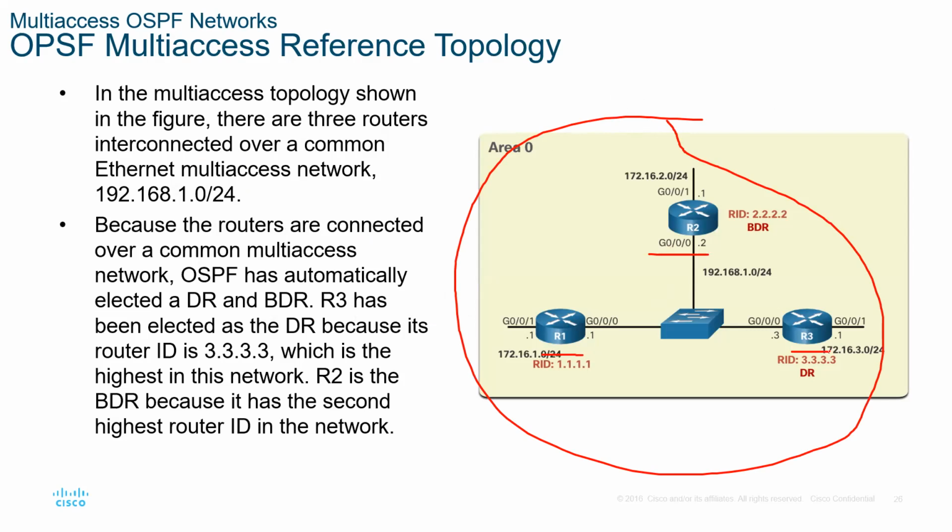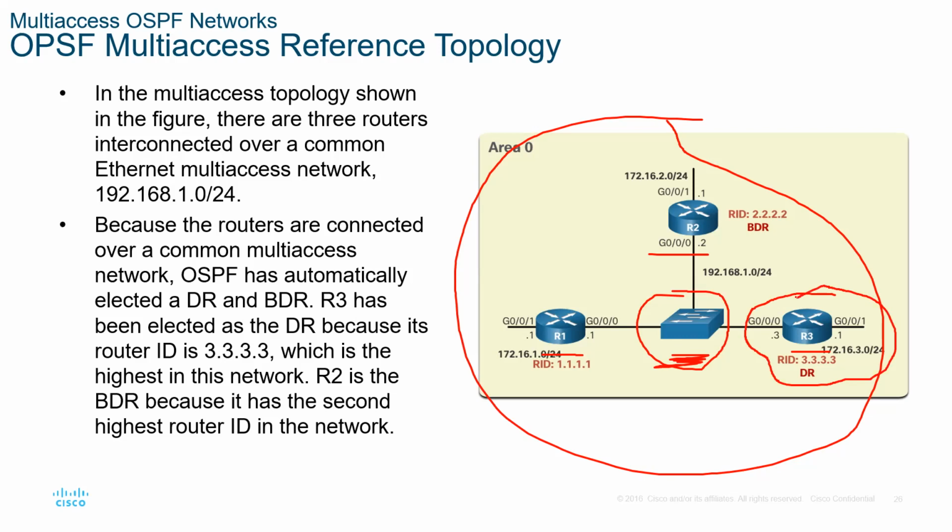These 3 routers are interconnected over a common Ethernet multi-access network, which is here. Because the routers are connected over this multi-access network, OSPF has automatically elected a DR and a BDR. Router 3, which is this one here, has been elected as the DR.